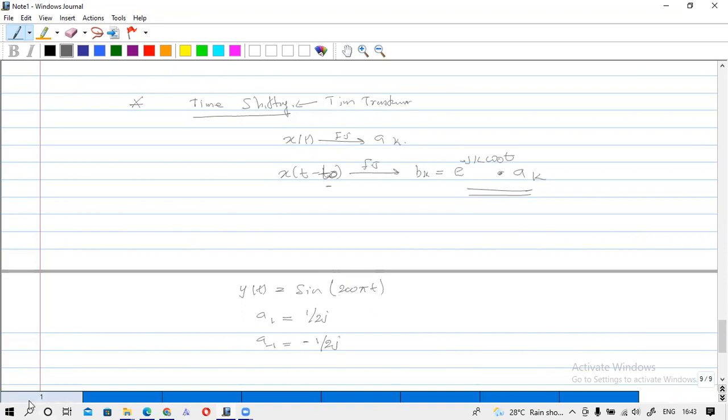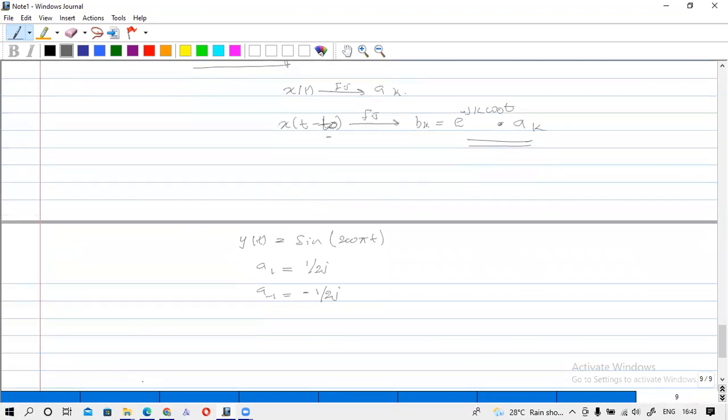Using the time shifting property, I'm going to ask you to find the coefficients of y of t minus 5.